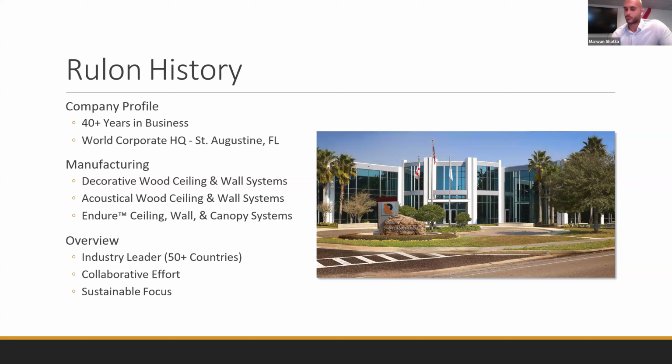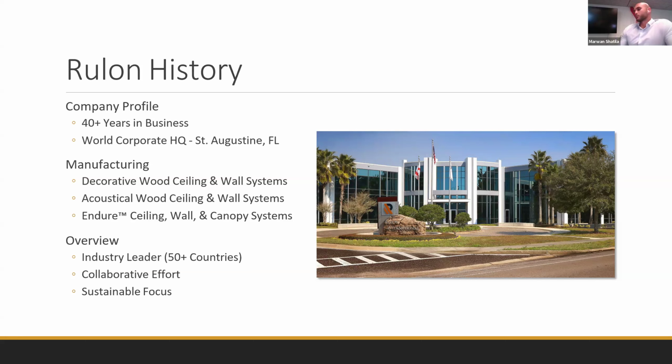We've worked on several complex projects throughout our tenure in the industry, and we're the best at what we do. We are the leading custom acoustical and decorative wood ceiling and wall manufacturer in the United States. Our bread and butter has always been the custom solid wood and veneer products and systems that we manufacture.